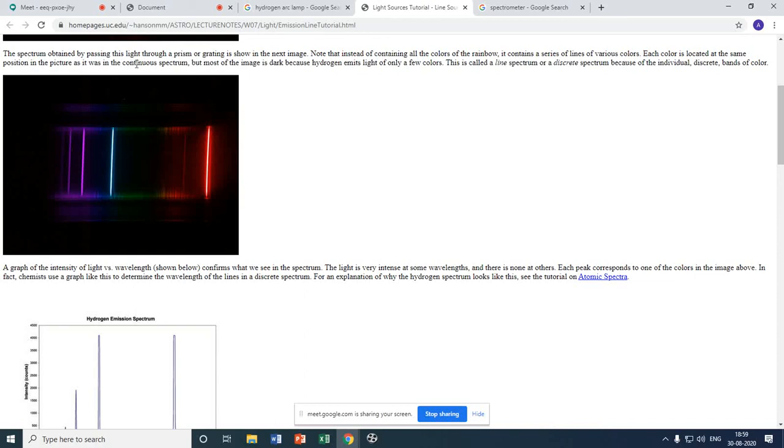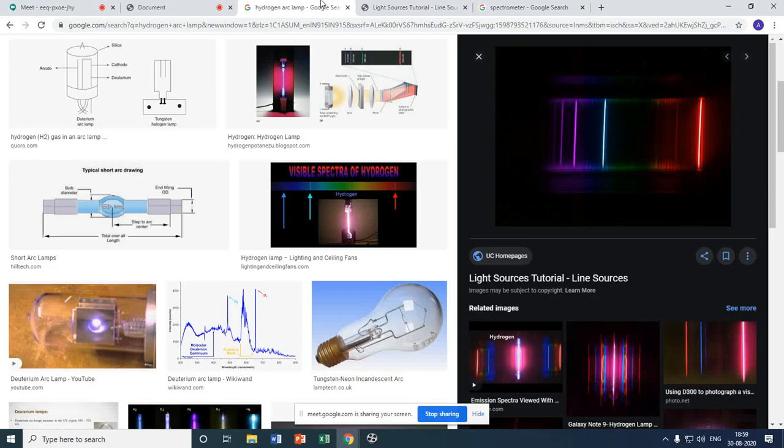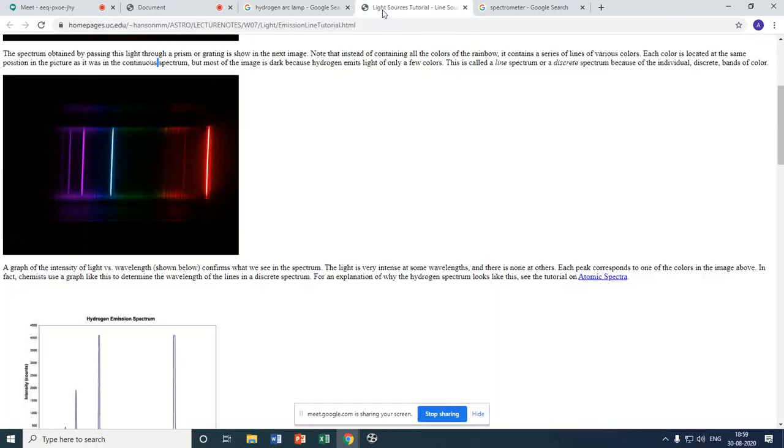But this article is saying it was in the continuous spectrum. So what is a continuous spectrum? It is the one where everything is continuously given. But this is the emission spectrum. You can see this is a sodium lamp.